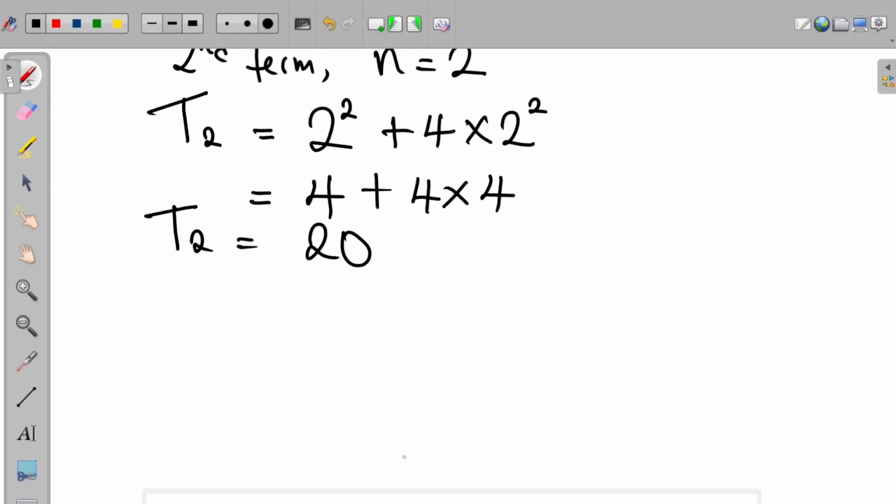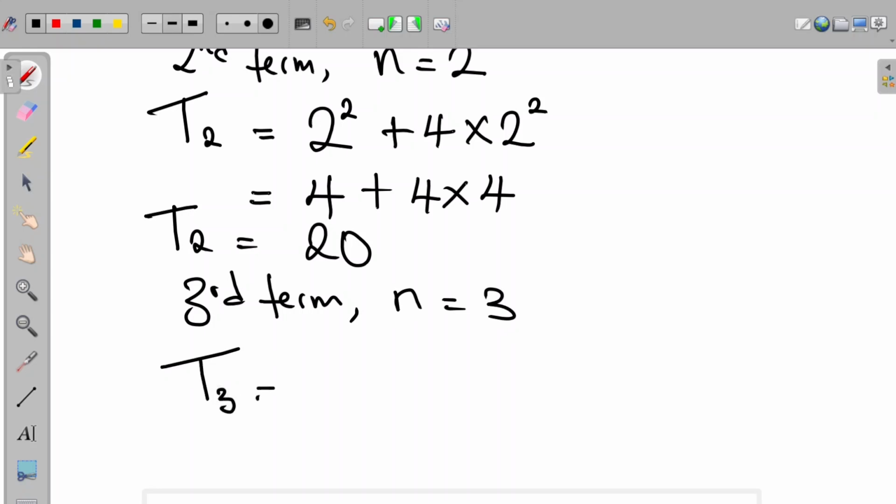Also, for the third term of the sequence, we have that the value of n is equal to 3. So from our equation, we have that t subscript 3 is equal to 2 to the power of 3 plus 4 multiplied by 3 squared.